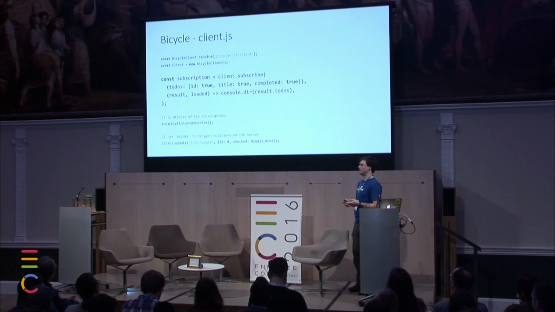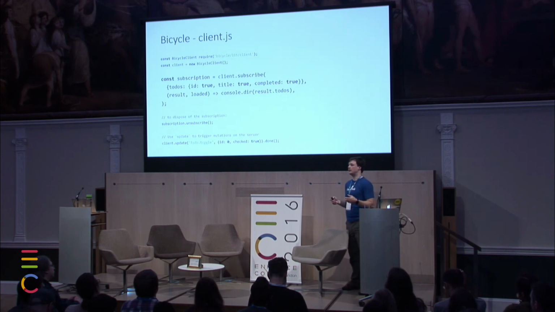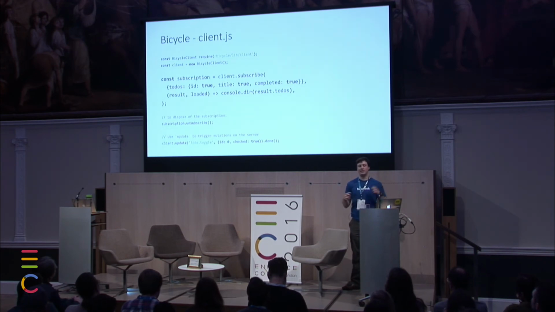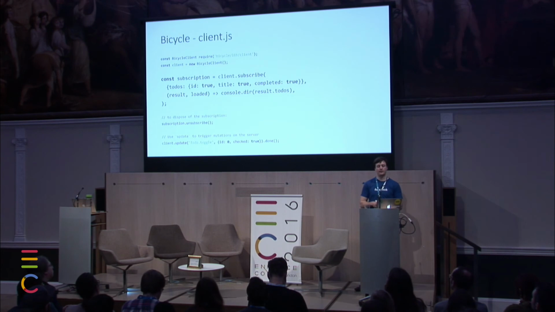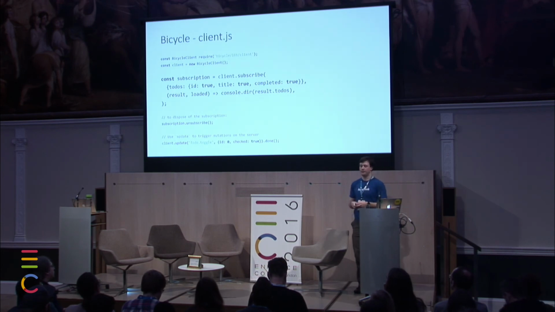Now, the first time that function is called, there's not actually any data yet. So it'll just be given an empty object and a loaded value of false. And eventually, it will get called with the full result set, with all of the information in there, and loaded will be true. And it might get called at any state in between.